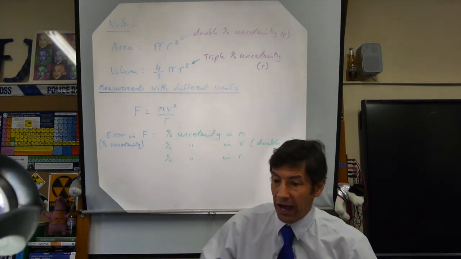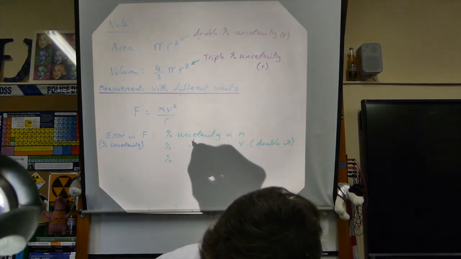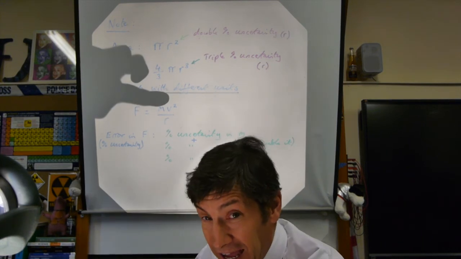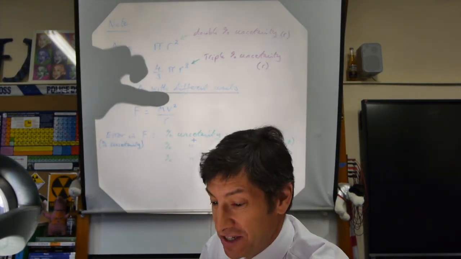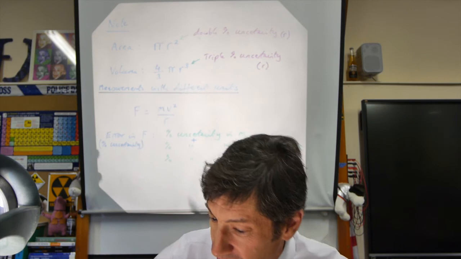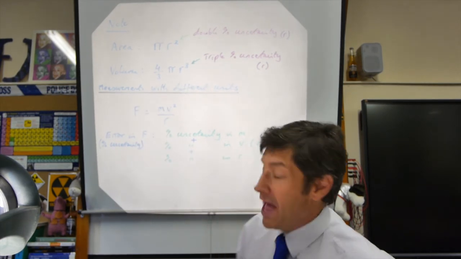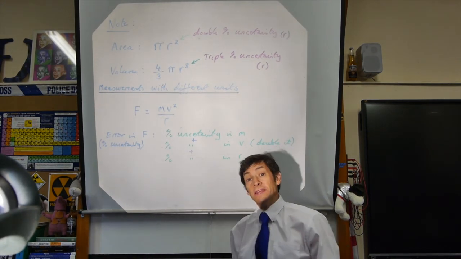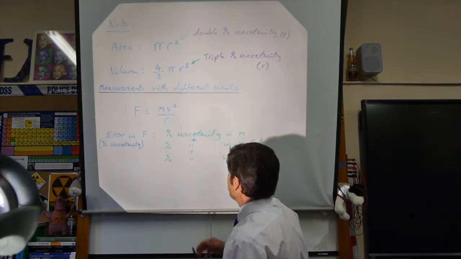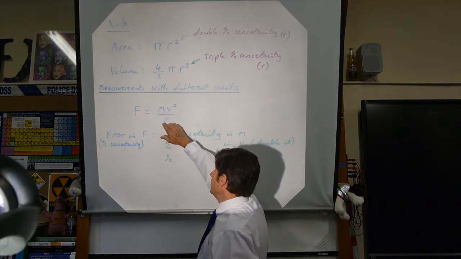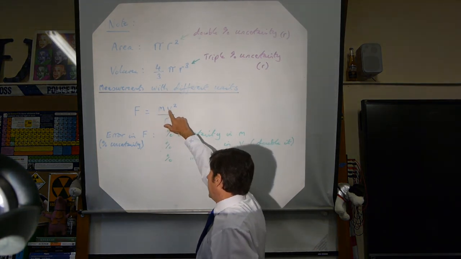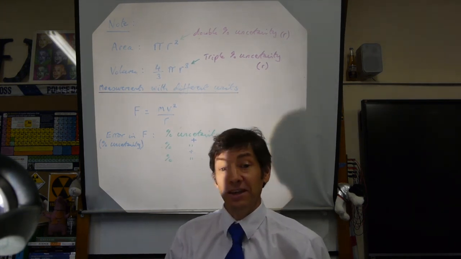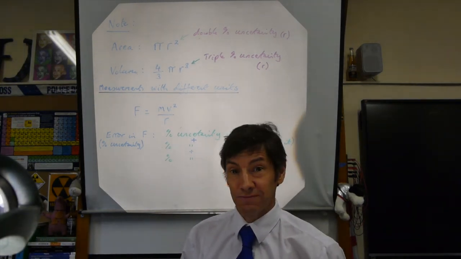You add the uncertainty in the mass, added to the uncertainty in the velocity and the uncertainty in the velocity again, so double the velocity, added to the uncertainty in the radius. So the dividing makes no difference here. You just add, and add again, and that will give you a total uncertainty in F, the force.